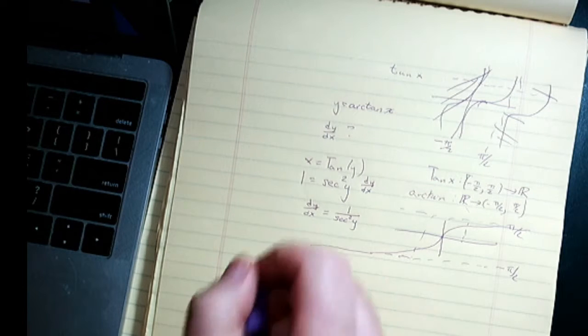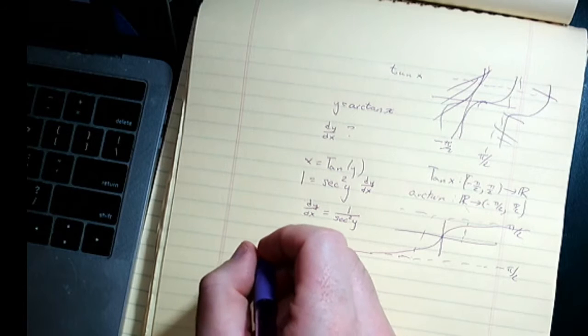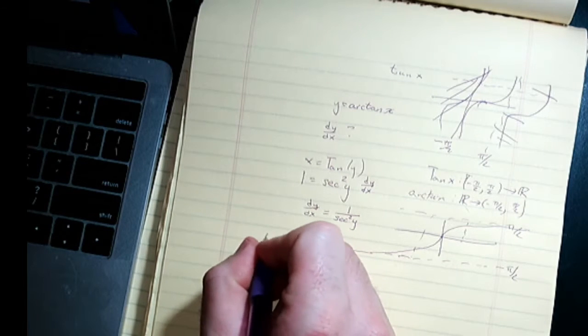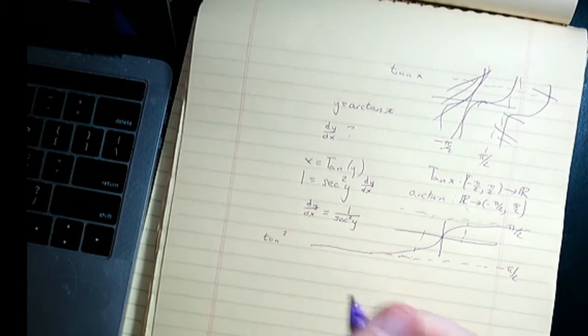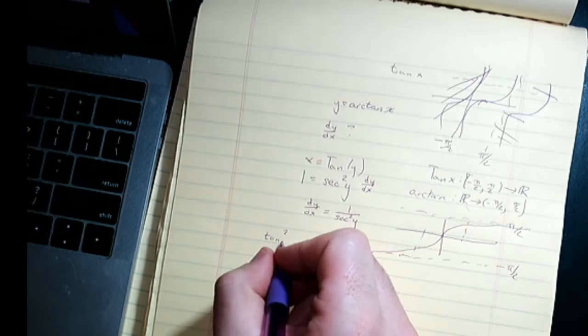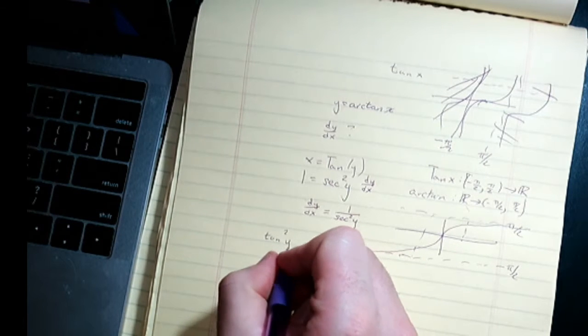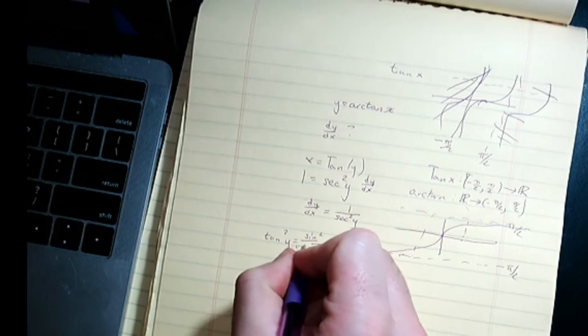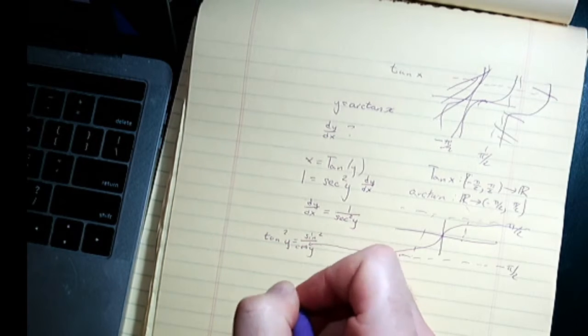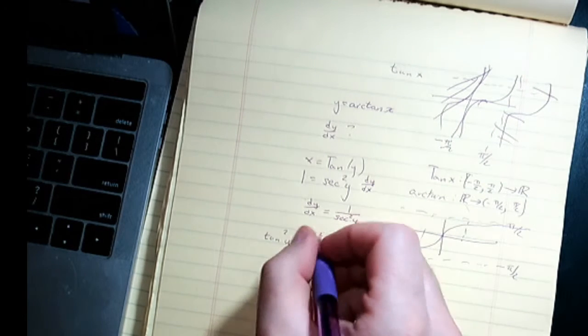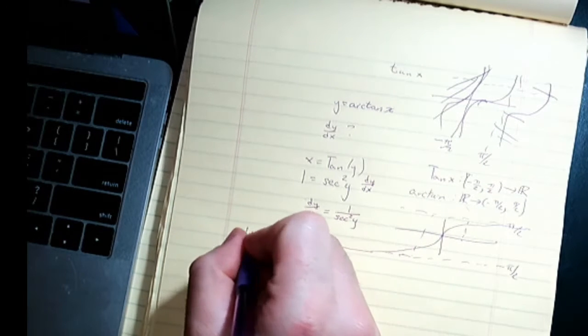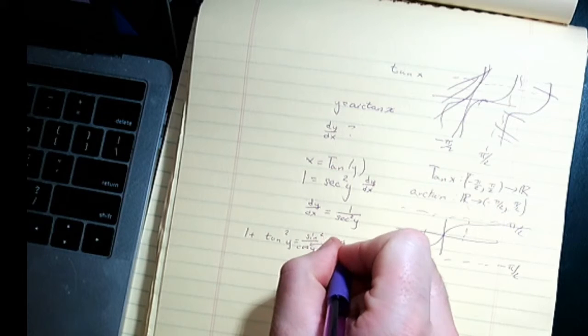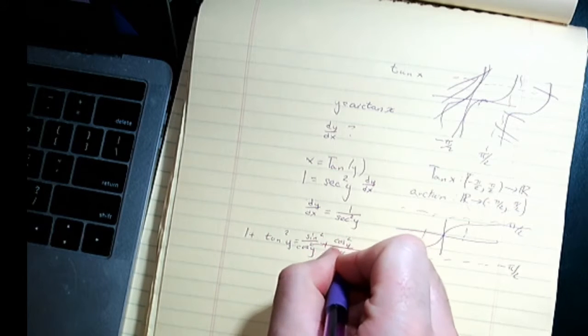Well, now we use a trig identity that we've been keeping in our back pocket up till now. Remember, tangent squared of a value of, say, y is equal to sine squared y over cosine squared y. So if I add 1 to that, I get that plus cosine squared y over cosine squared y.